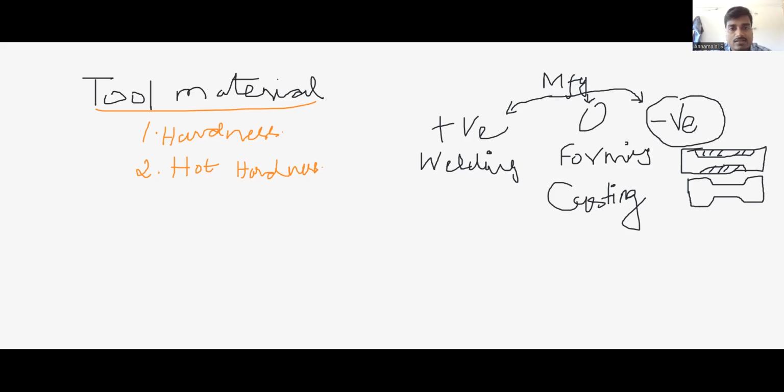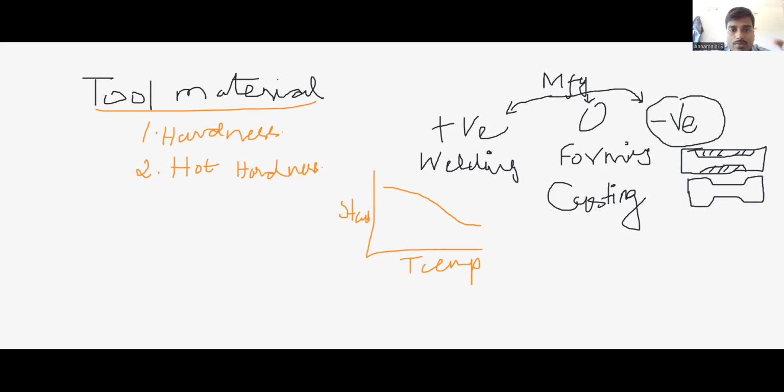And what is hot hardness? We all know that in a temperature versus hardness graph, as the temperature increases, the hardness will decrease.